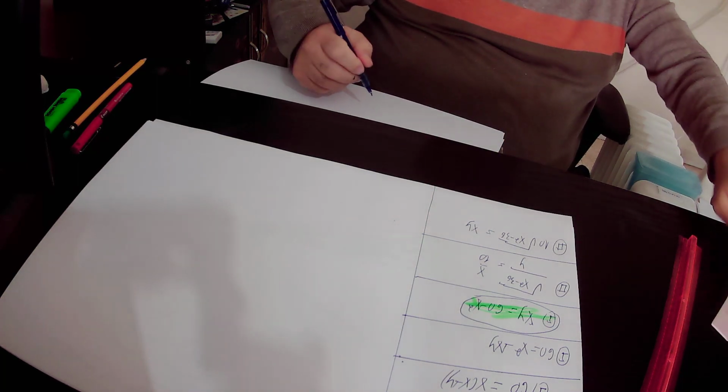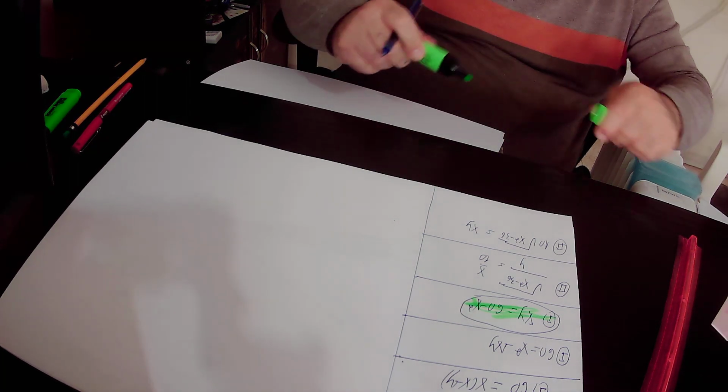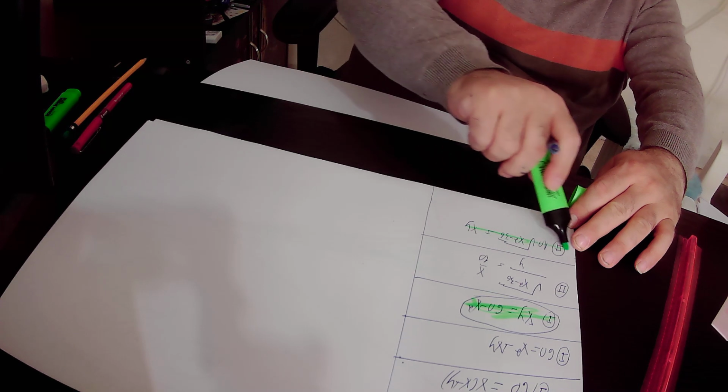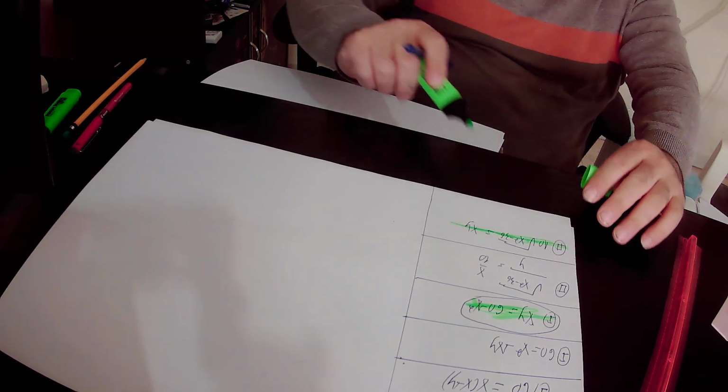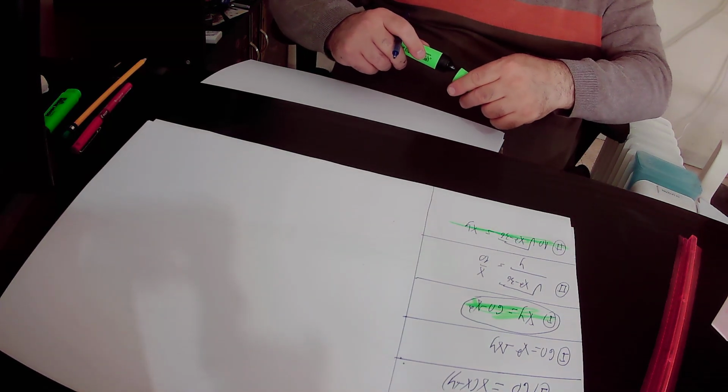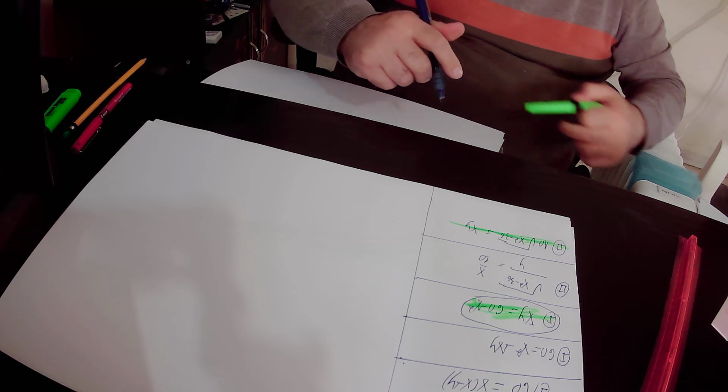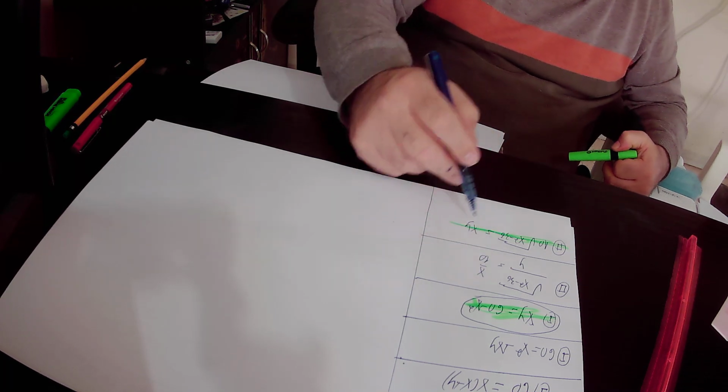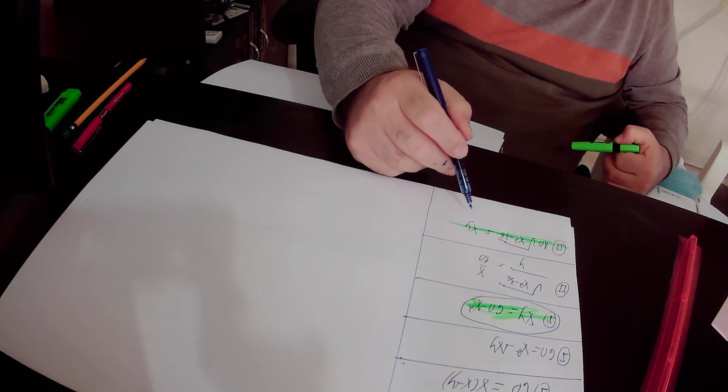So we have here two expressions for xy. In the next step, we create equation number 3 that states that xy according to equation number 1 must be equal to xy according to equation number 2.